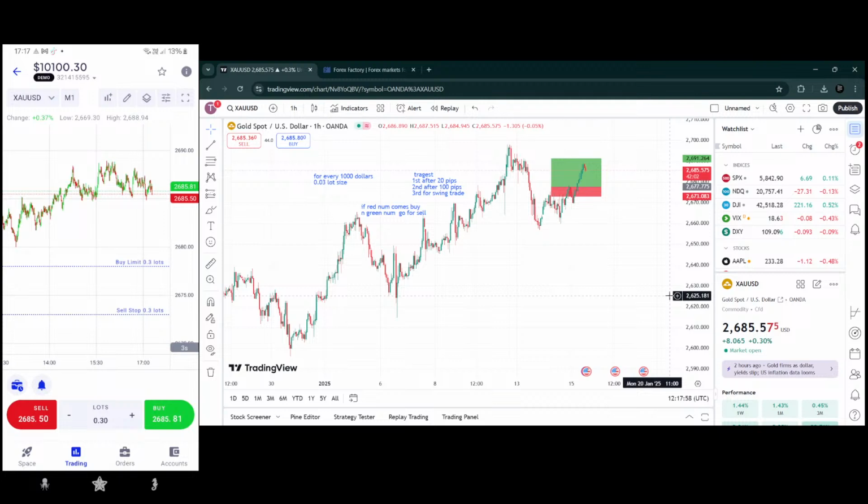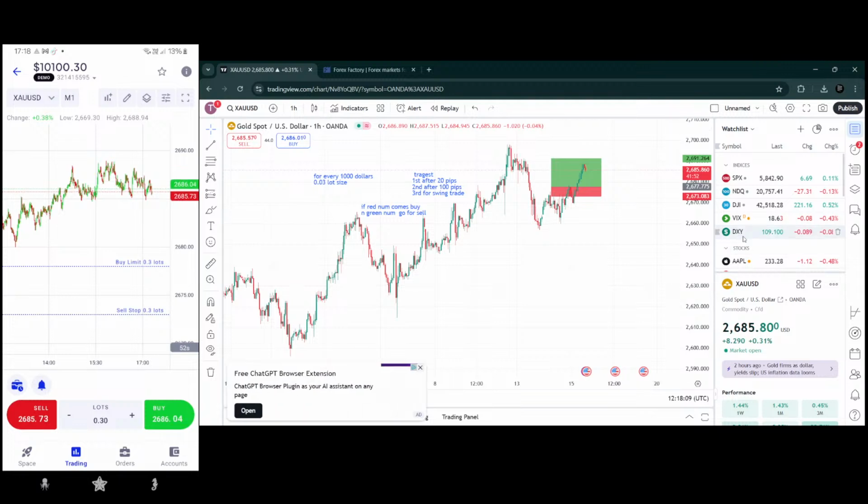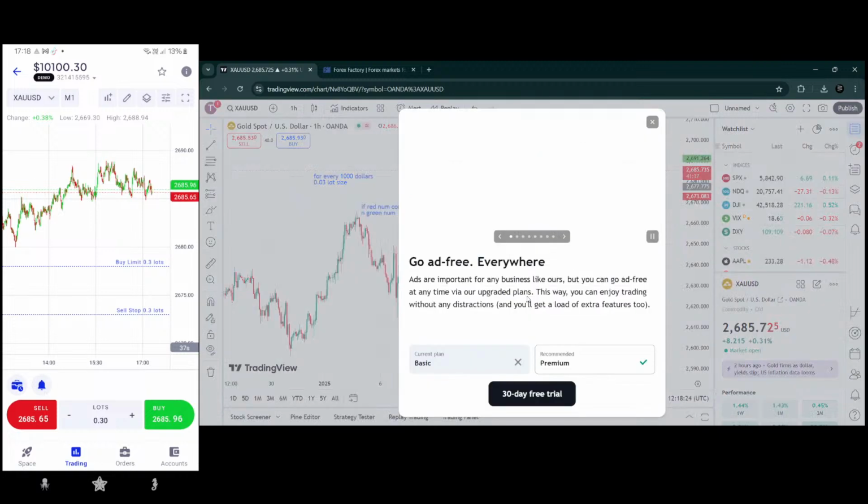So it's better to make a proper plan. First, once you know your entry points, because even today for the buy side we are going at 78, and for the sell we'll go from the upside at 2700. But we'll see what the market presents us.